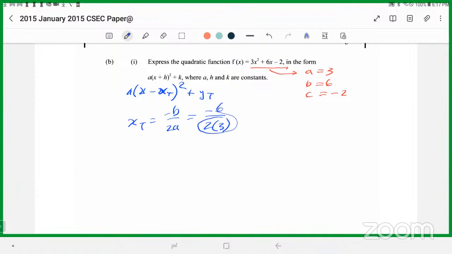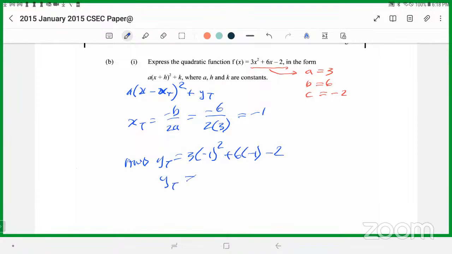This becomes a 6 now. So 6 over 6 is 1. That's a negative 1. Since this is a whole number that we get, we're going to plug it back in the function to get the yt value. So we can say the yt value becomes 3 times negative 1 squared plus 6 times negative 1 minus 2.